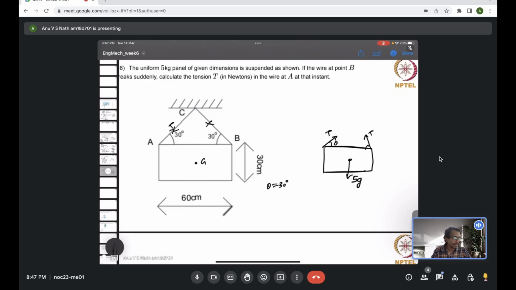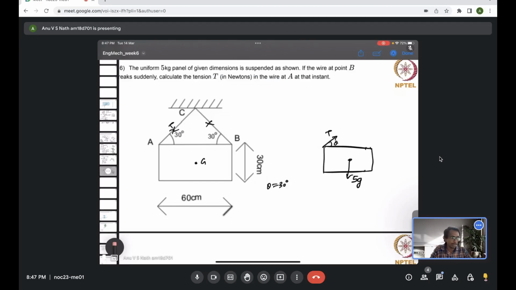Now T cos theta and T cos theta will balance. T sin theta and T sin theta will add up to 5g. That's what we do when we do statics. Okay, now it is dynamics. Already the string is broken, so on the right-hand side there is no force at all. Now this is the free body diagram.